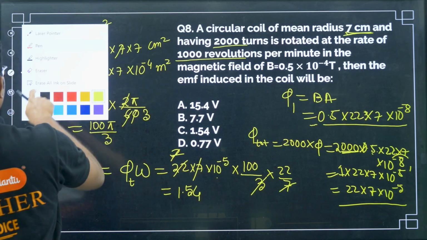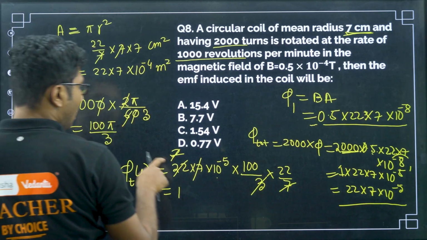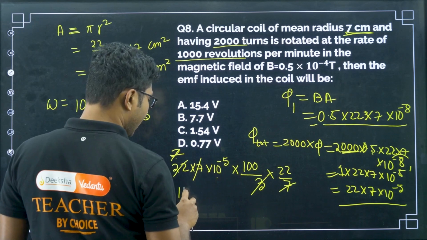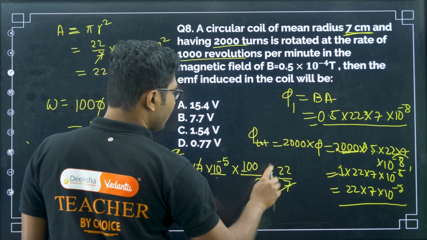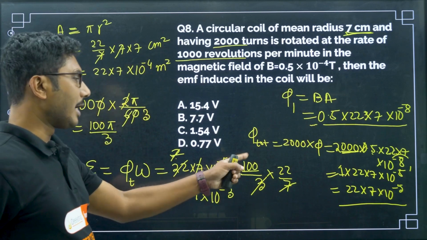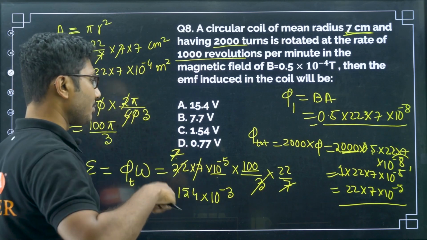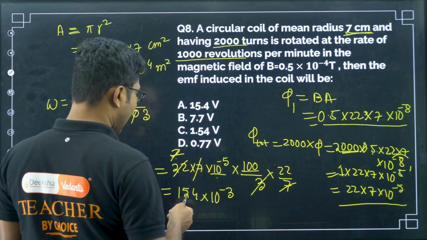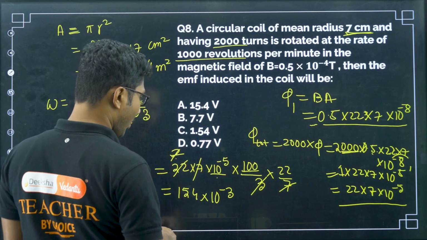So let me solve it a little bit deeper so that you don't get confused. So 7 times 22 is 154, and 10 to the power of minus 5 into 100 is 10 to the power of minus 3. So 100 means 10 square, that is plus 2. Here we have minus 5. So plus 2 minus 5 is minus 3, and it will be 1.54.